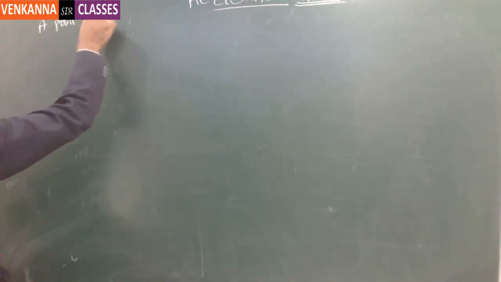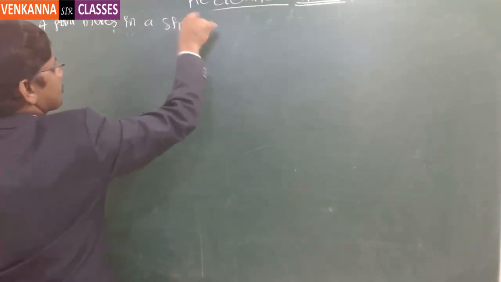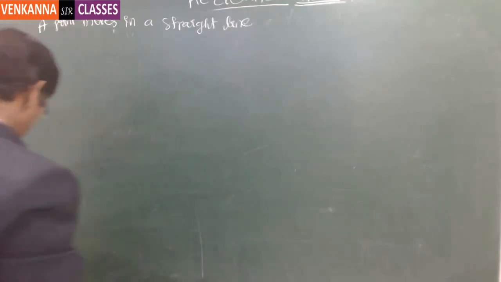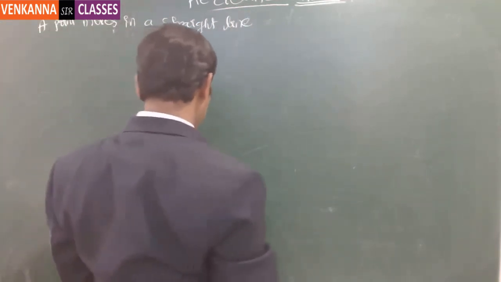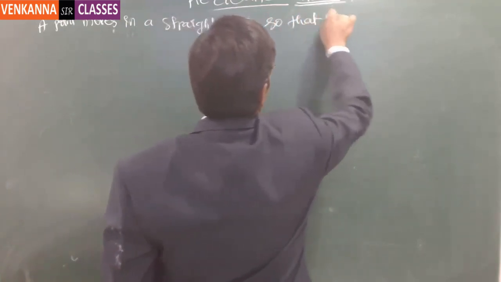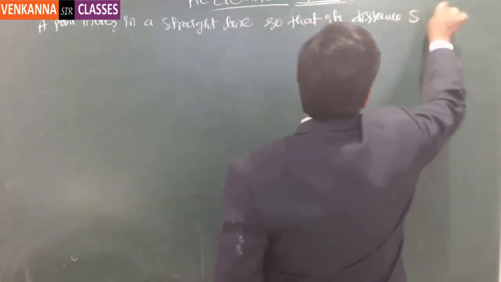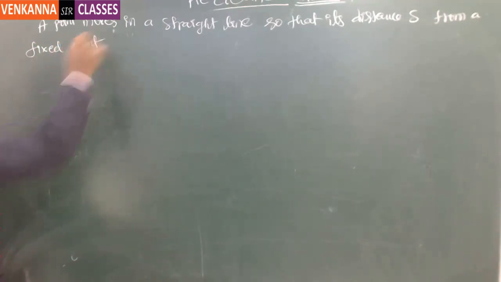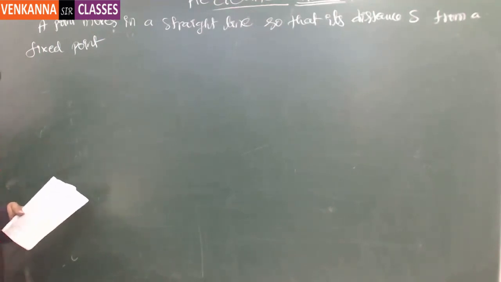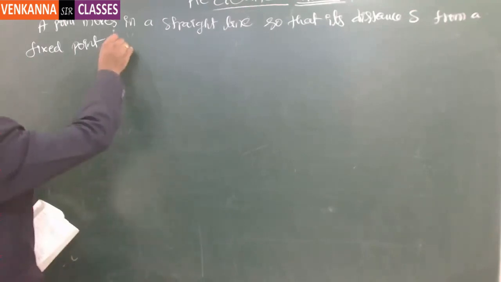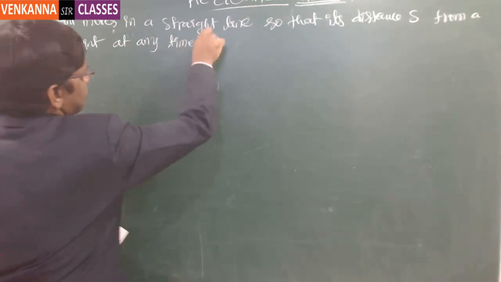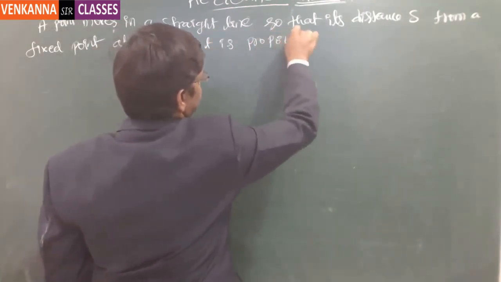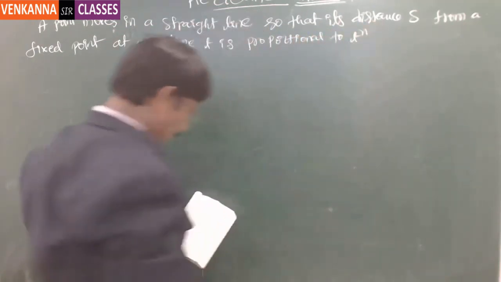Note down one more. A point moves in a straight line so that its distance s from a fixed point at any time t is proportional to t power n.